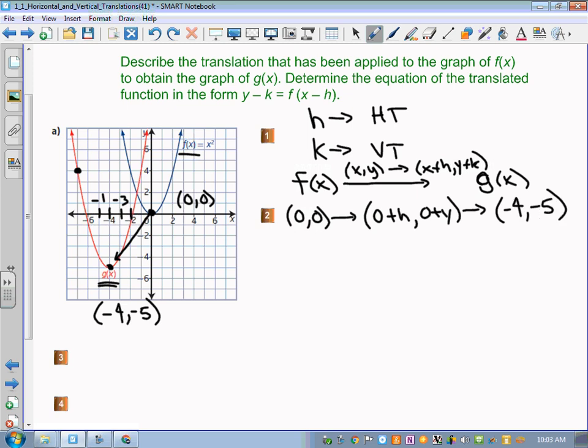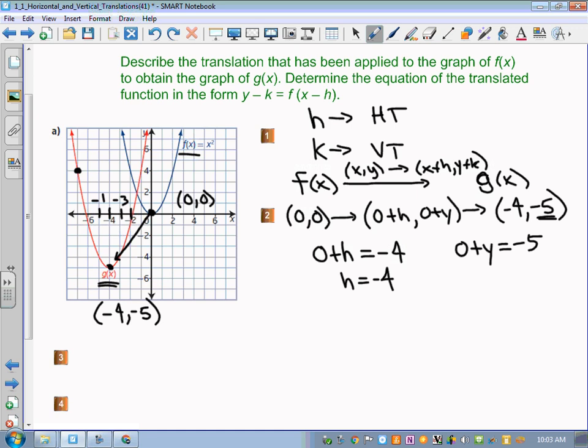Now, hopefully it's not too much of a stretch to do this, but we can really say that 0 plus h should correspond with the x value, so that should actually be -4. And then on the y coordinate, which is the -5, we'll make sure we get that right this time.